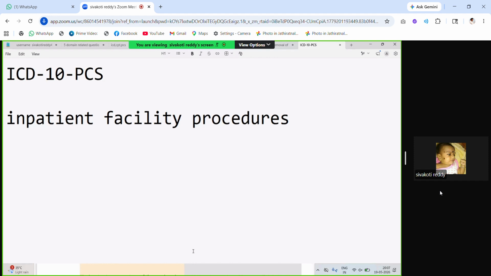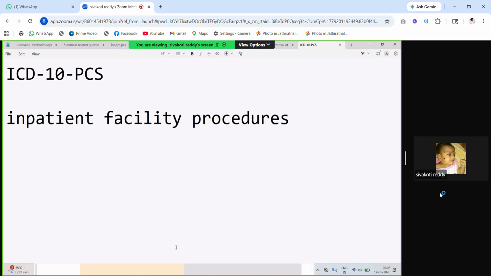A patient discharged within 24 hours is considered an outpatient. In outpatient departments, you will find the emergency department, same day surgery, radiology, pathology, medicine, E&M and so on. In inpatient, there is an admission. After admission, if procedures are done in the inpatient facility, we use PCS codes.